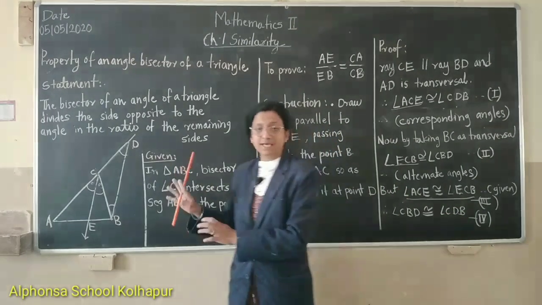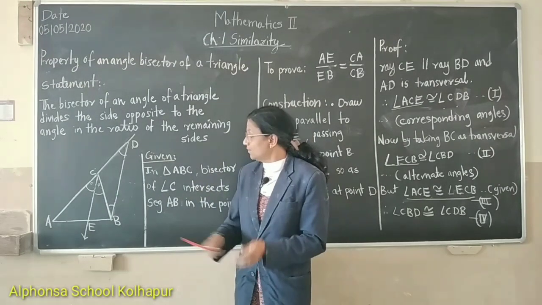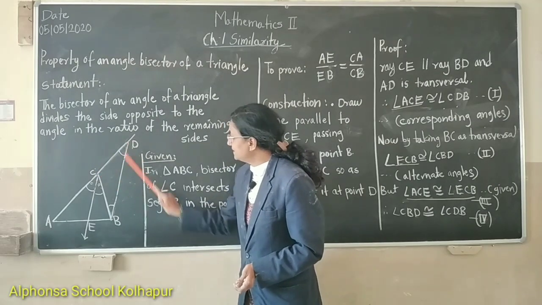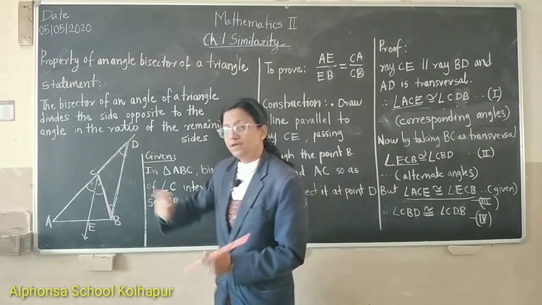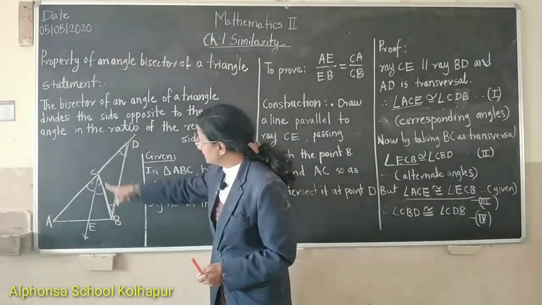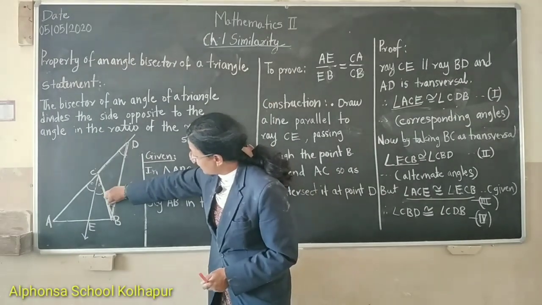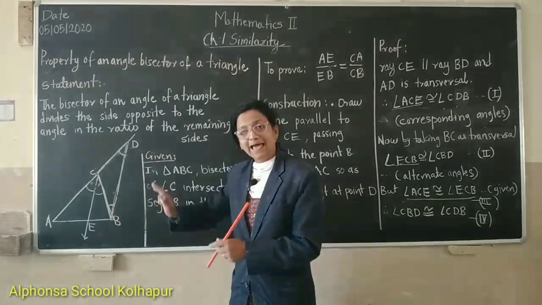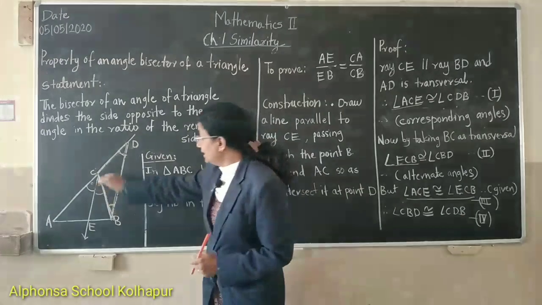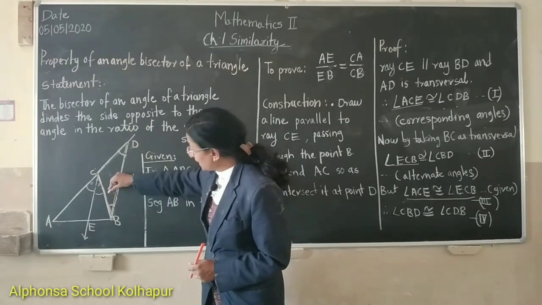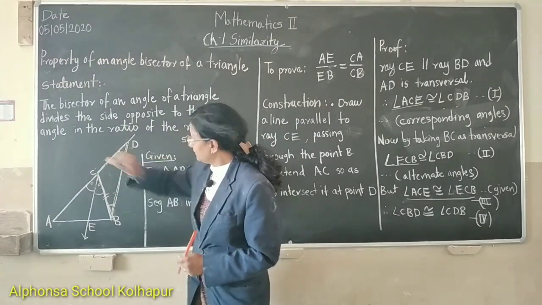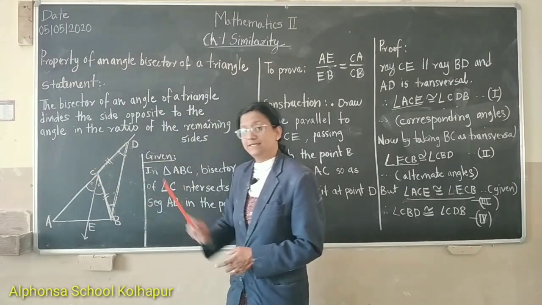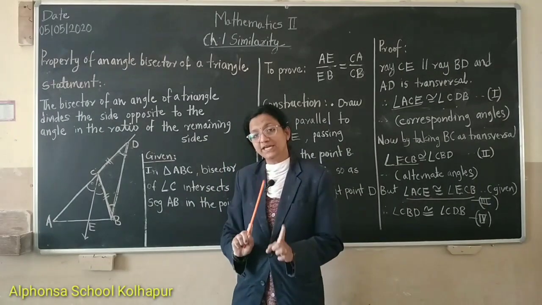Now, let's once again come to the diagram. Just now we said angle CBD and angle CDB are congruent. If we concentrate only on triangle CBD, we have angle B and angle D congruent. As they are congruent, it will become an isosceles triangle. And therefore, side CB and side CD will be congruent to each other.